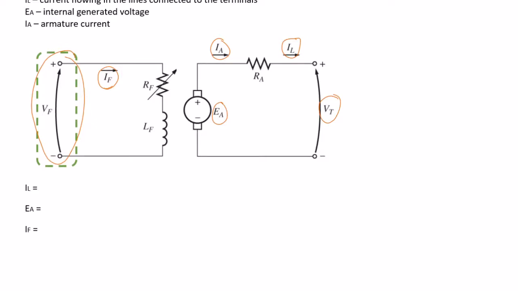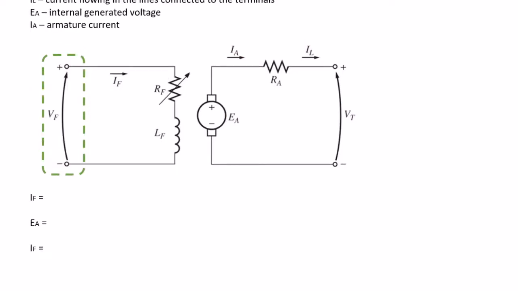As we did with the DC motors, by using this equivalent circuit, we can derive the equations that we can use in the analysis of the performance of these DC generators. We start with IF, which is the field current. As we can see, IF is flowing in the field circuit on the left hand side of the equivalent circuit.